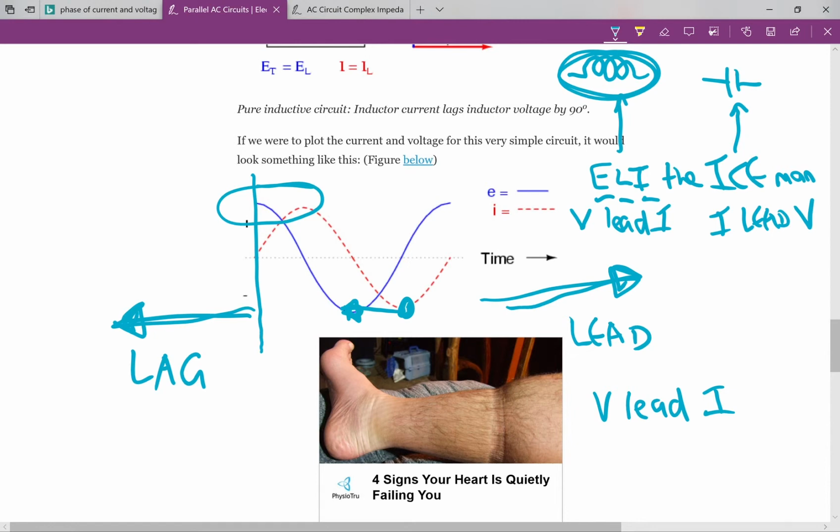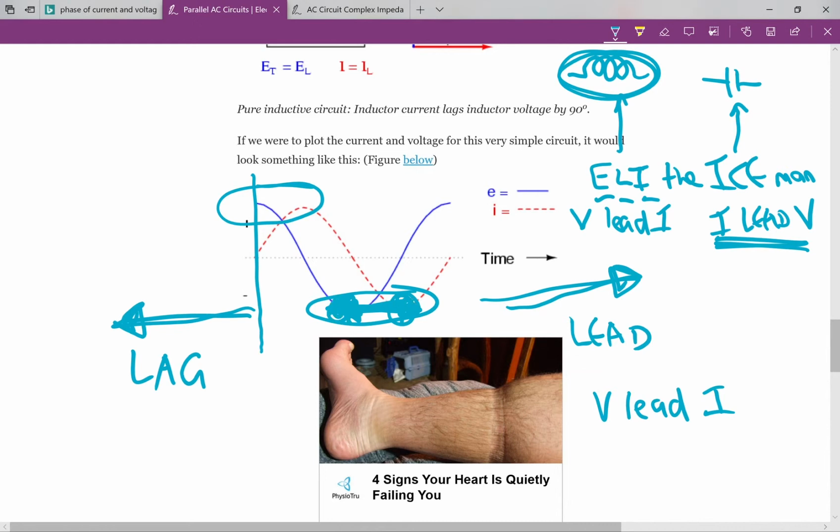Obviously, for a capacitive circuit, you would have the current leading the voltage. So you'd have a different diagram, but the same deal. You would find the two peaks and draw an arrow from one to the other, and if you're drawing it from the right to the left, you'd say this lags this, and if you're going the other way, you'd say this leads that.